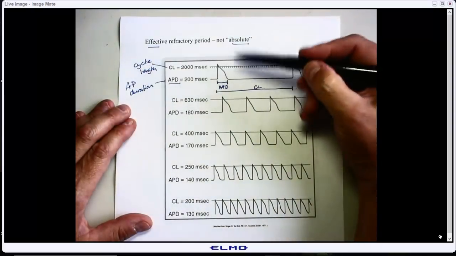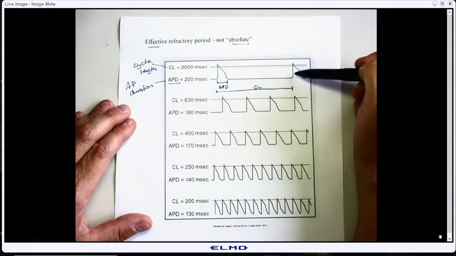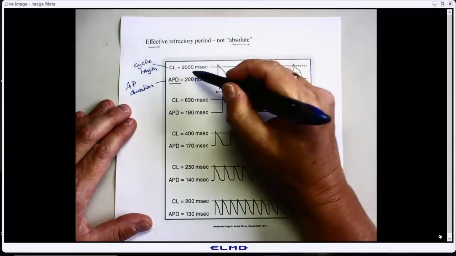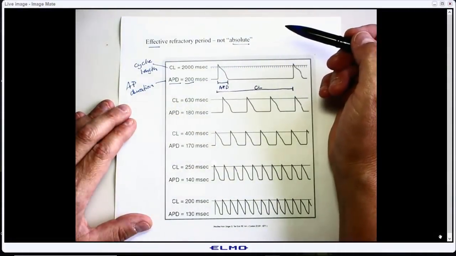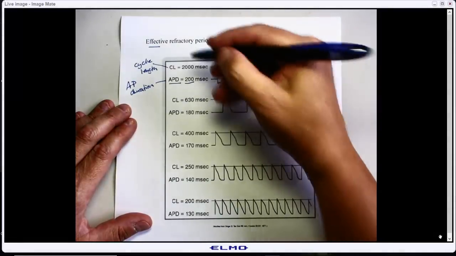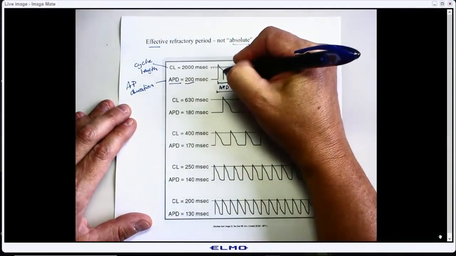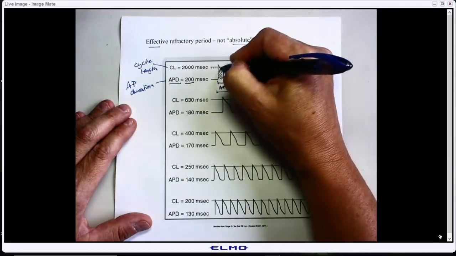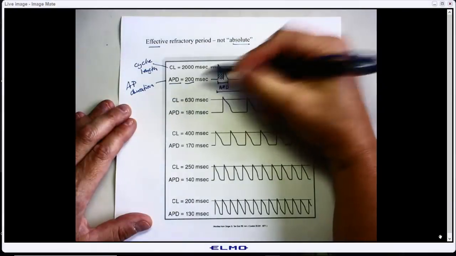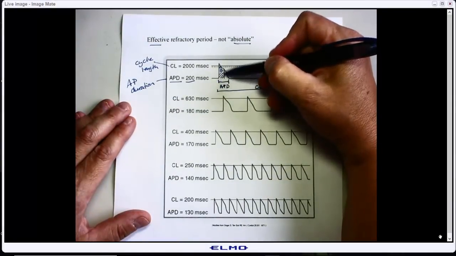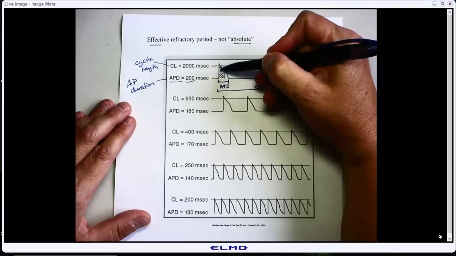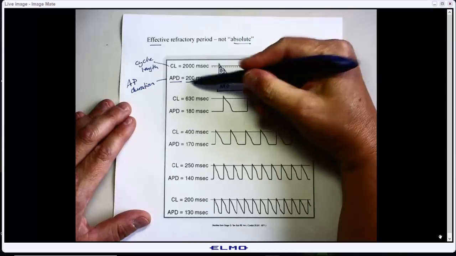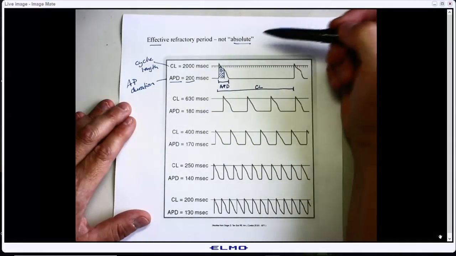So that's just basically saying at a certain cycle length, which is really at a certain contraction rate, you have a 200 millisecond action potential duration, of which part of that will be the relative or the effective refractory period, right? So from our last overhead, we could kind of shade in where the effective refractory period would be when the action potential duration is 200 milliseconds.